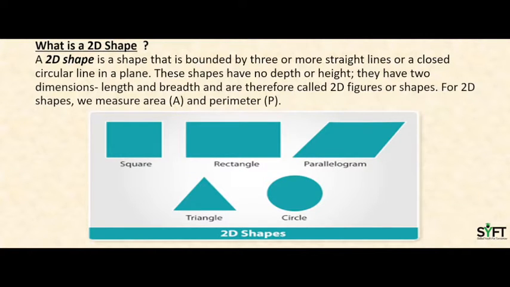For 2D shapes, we generally measure area and perimeter. Below are some examples of 2D shapes: square, rectangle, parallelogram, triangle and circle.